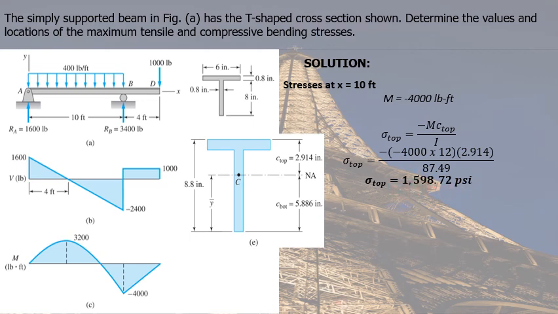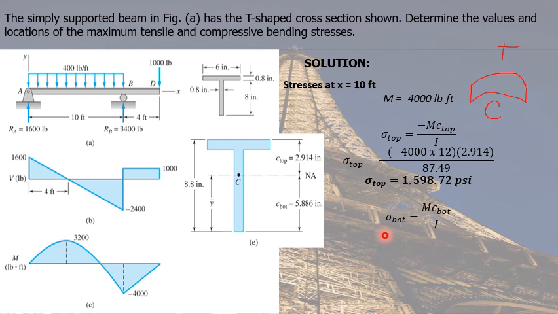which is again expected because for a negative moment, the beam is not happy. It is sad. It does not smile. So the top of the beam is under tension and the bottom of the beam is under compression. So the bending stress at the top of the beam is a tensile stress.